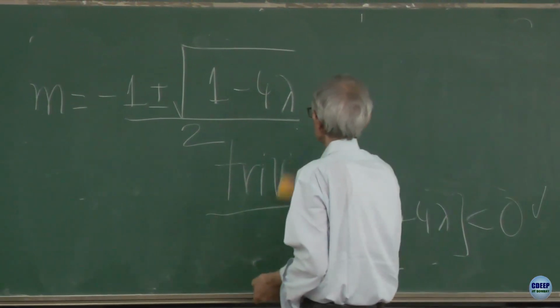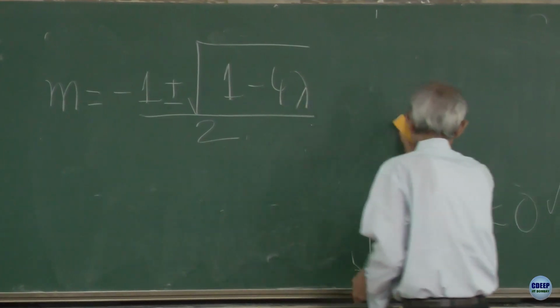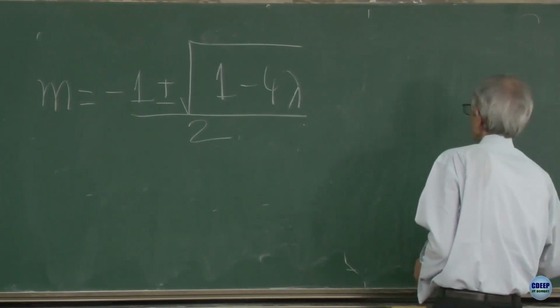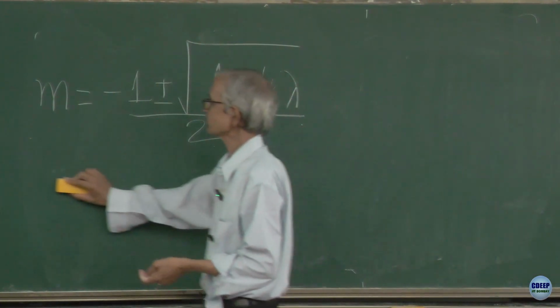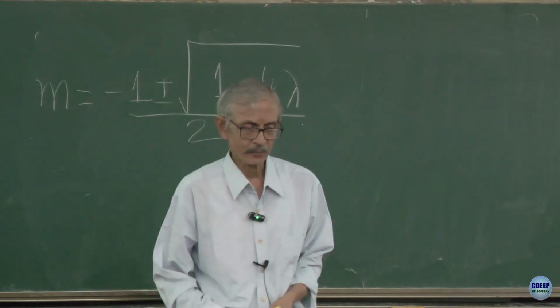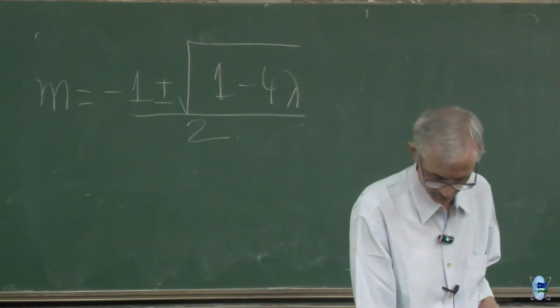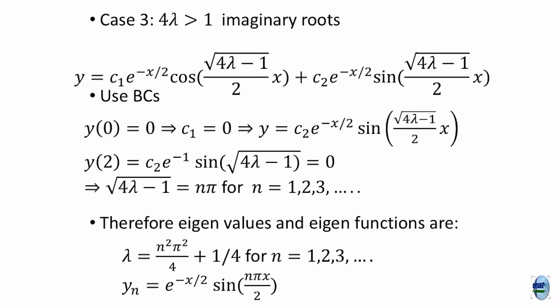Okay, so if now 1 minus 4 lambda is less than 0, then we are going to end up with a situation where I'm going to hope to get some eigenvalues. So this is the situation, and what is the solution therefore?